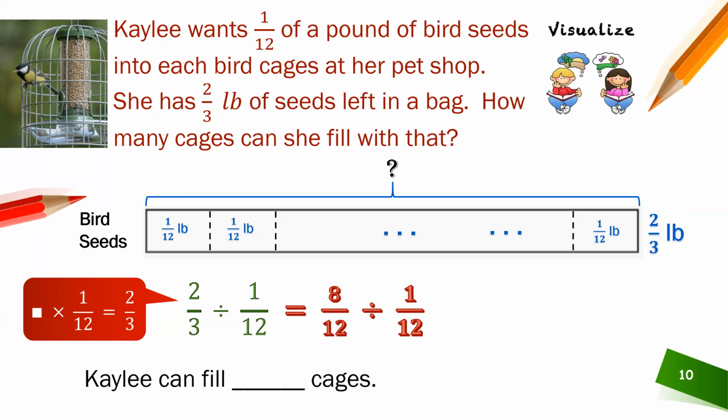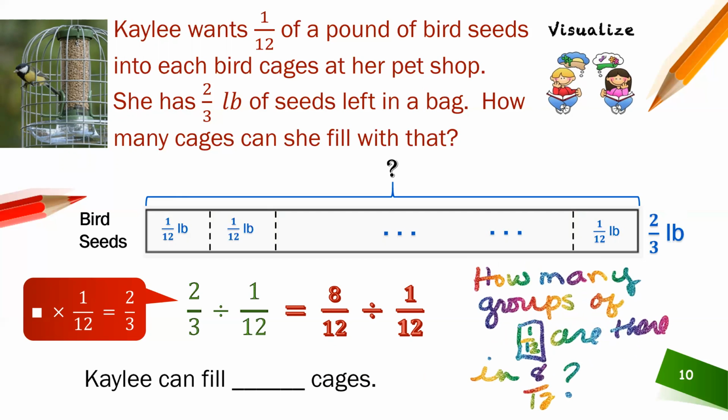If you split those equal parts into 4 each, then you would have 8 out of 12 as opposed to 2 out of 3. So 8/12 divided by 1/12, how many groups of 1/12 are there in 8/12? Well, of course, there are 8 groups of 1/12. Or we can say 8 divided by 1 is 8, right?